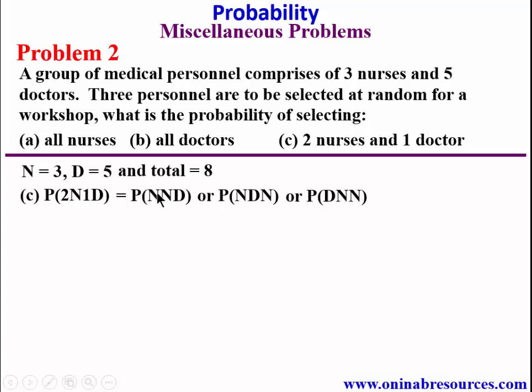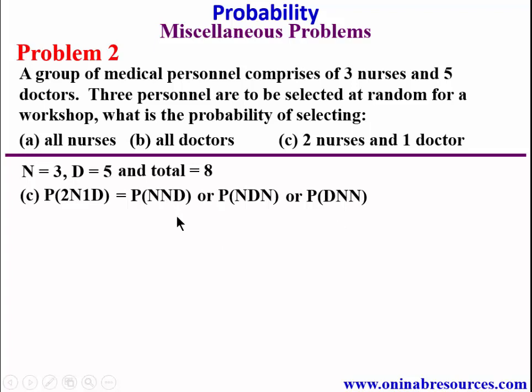So if you look at it again, you discover that there are 2 nurses and 1 doctor here, 2 nurses and 1 doctor, 2 nurses and 1 doctor. It is only the arrangement that keeps changing from one to the other.